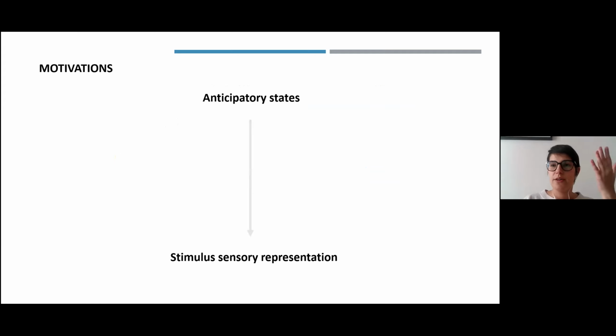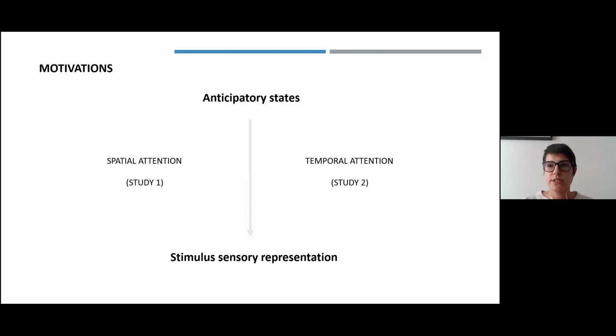So we knew that anticipatory states could modulate how good a stimulus representation could be, but this also depends on the attention and to which domain you are attending, because you have different mechanisms depending on what you're going to attend. So if it's in space, you will have different mechanisms recruited to induce those anticipatory states than for temporal attention.